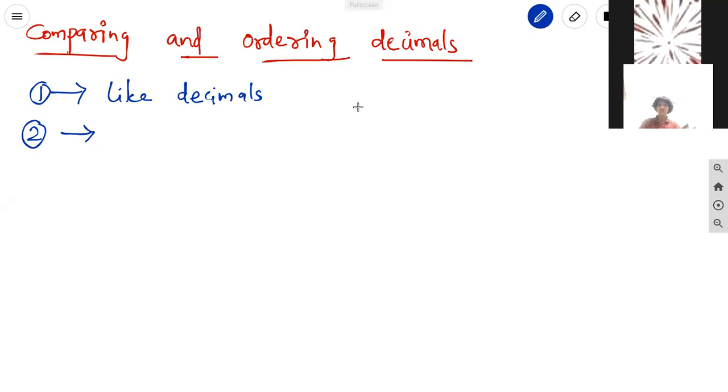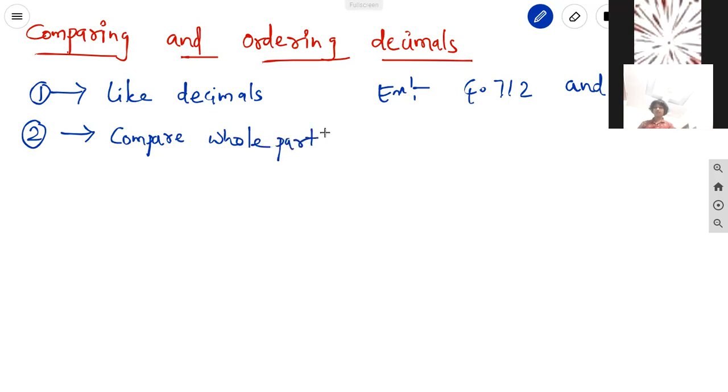For example, take 4.712 and 4.73. Compare the whole number part; the whole number part is the part before the decimal point. If the 4 and 4 in these two numbers, the whole number part, is the same, then we move on.